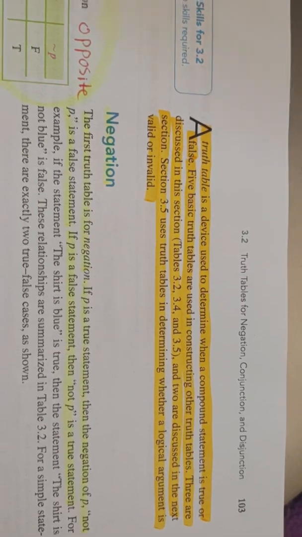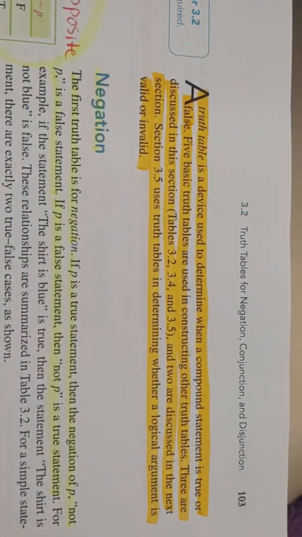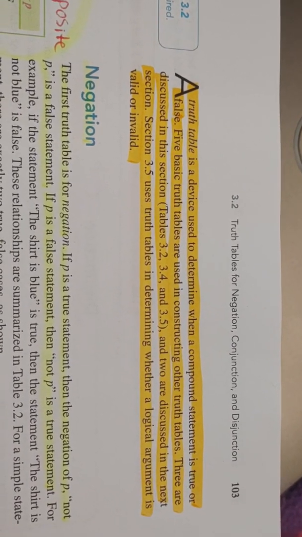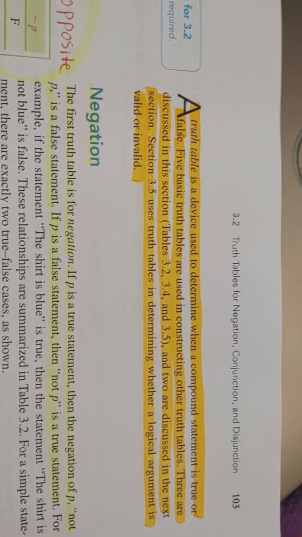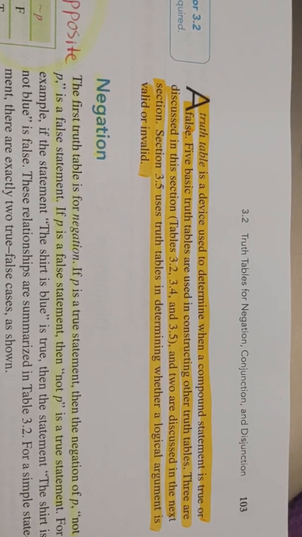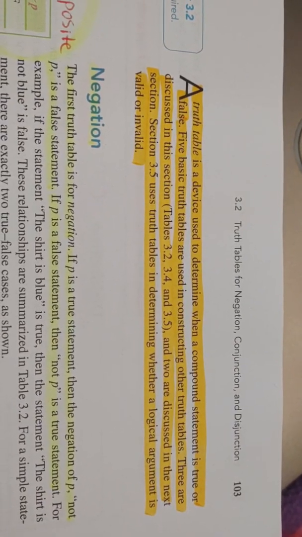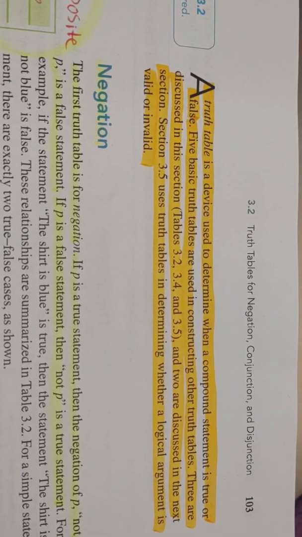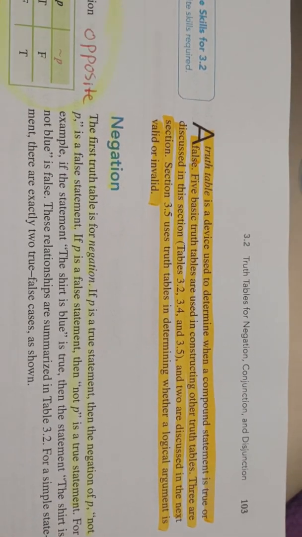So you've got to know these 5 basic truth tables and how they are written. 3 are discussed in this section, tables 3.2, 3.4, and 3.5. In other words, we're going to do negation and then conjunction and disjunction. And 2 are discussed in the next section, section 3. So section 3.5 uses truth tables in determining whether a logical argument is valid or invalid.